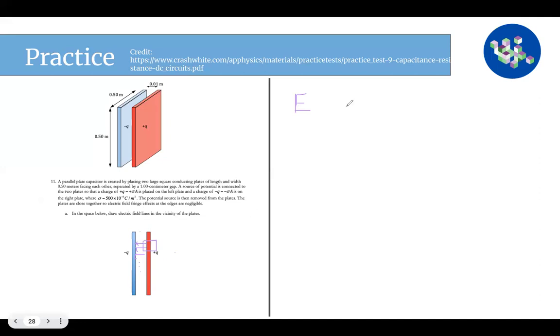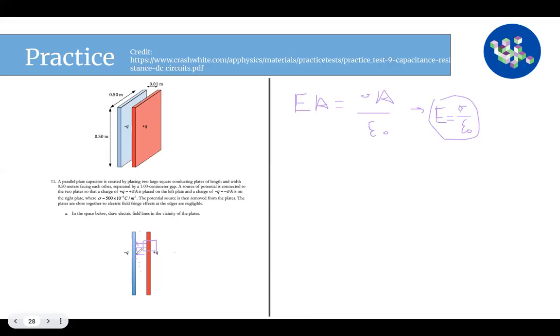So E times A equals sigma A over epsilon zero. That means E is equal to sigma over epsilon zero. So we've solved part B, finding the electric field in the region within the plates.